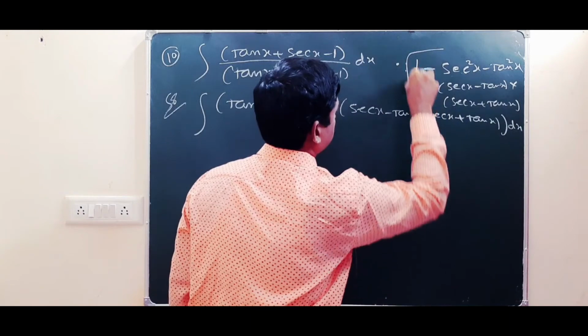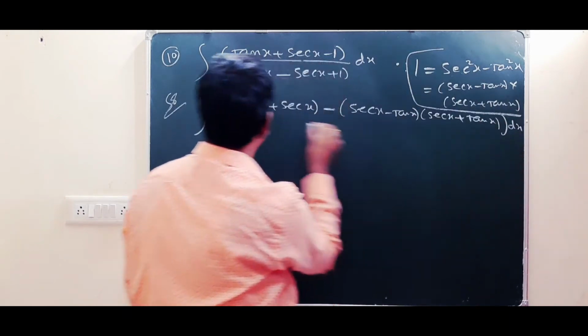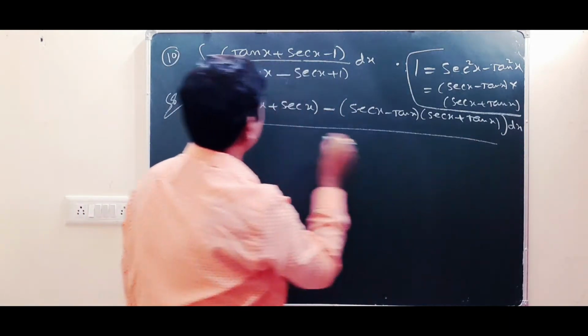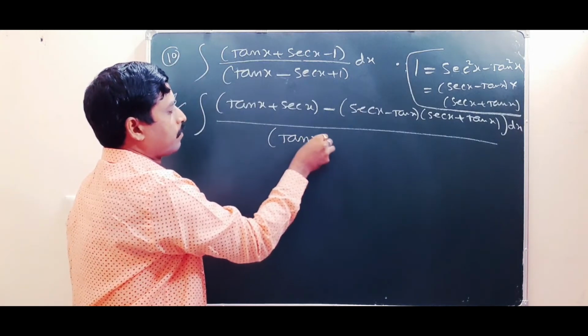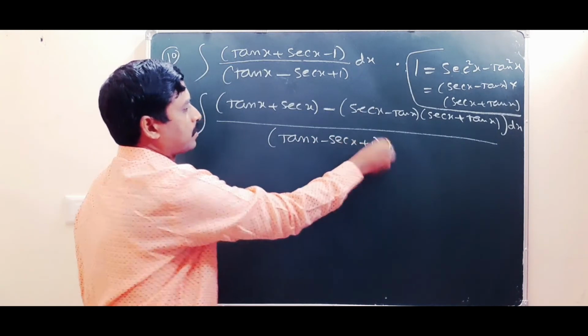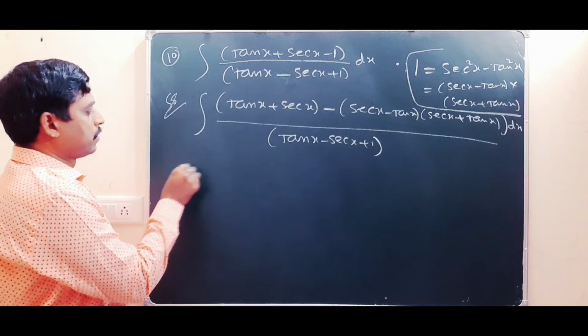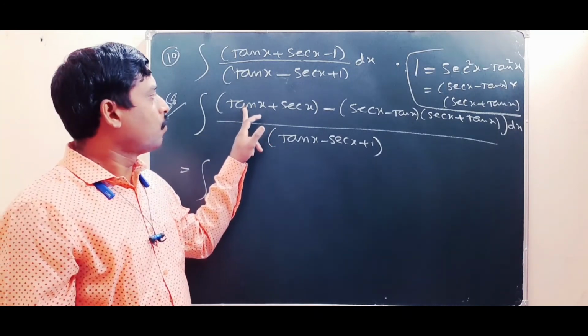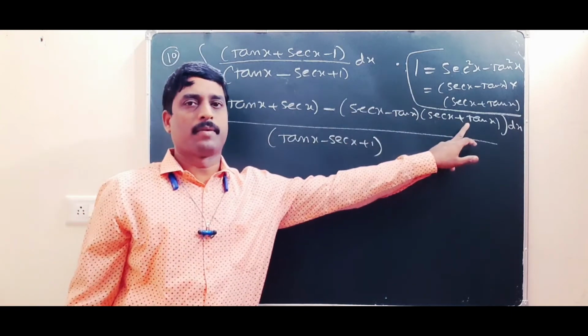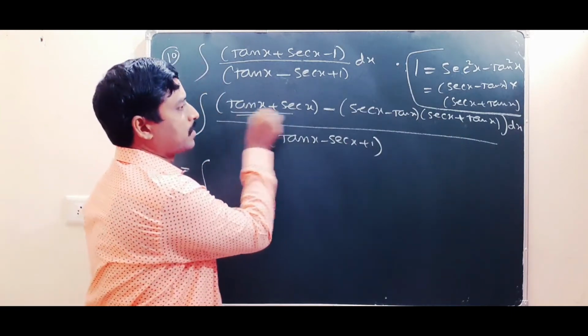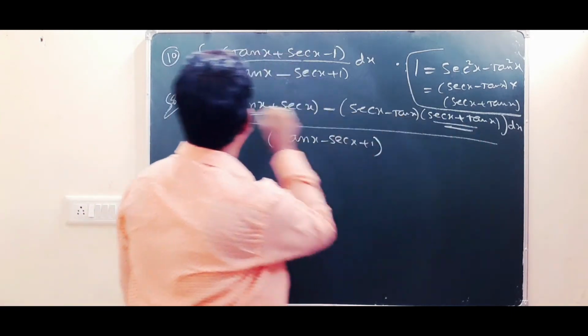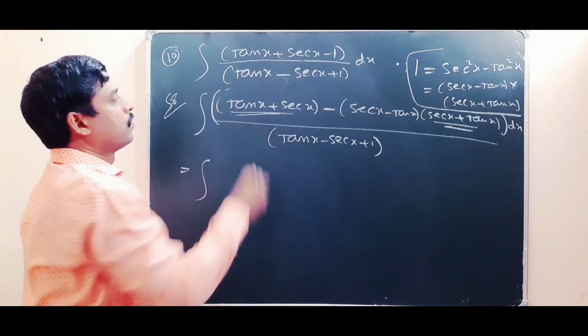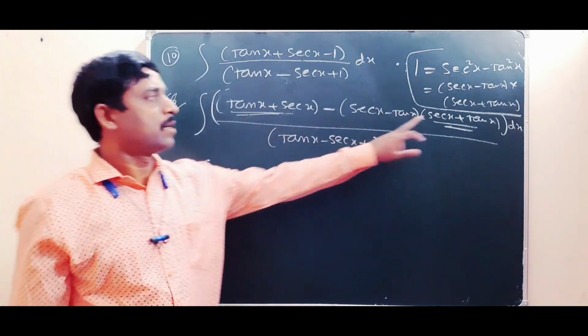This whole is divided by tan x minus secant x plus 1. Let us observe the numerator. In the numerator, take tan x plus secant x out common.